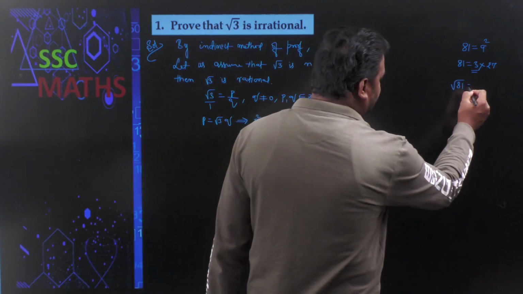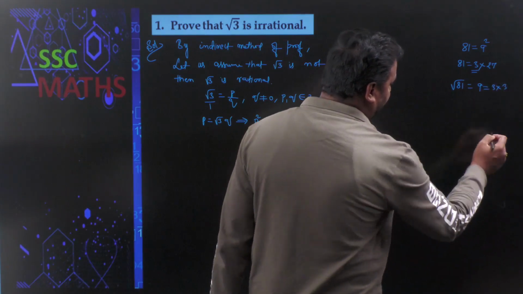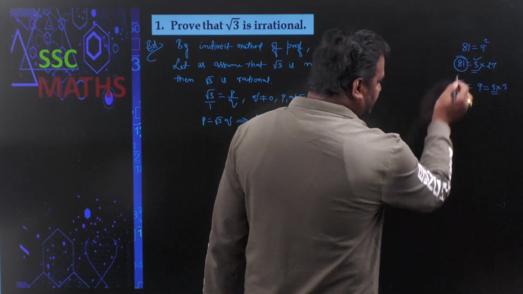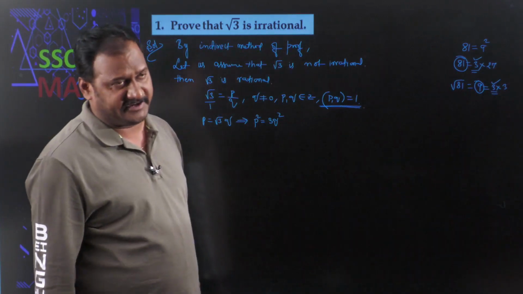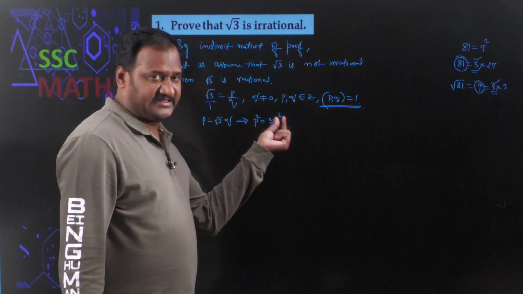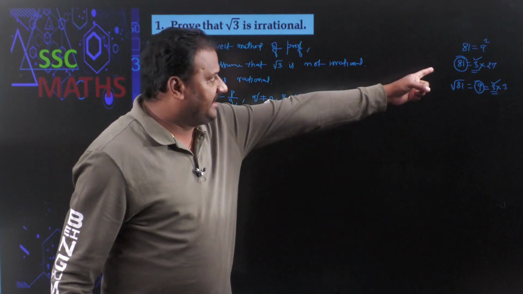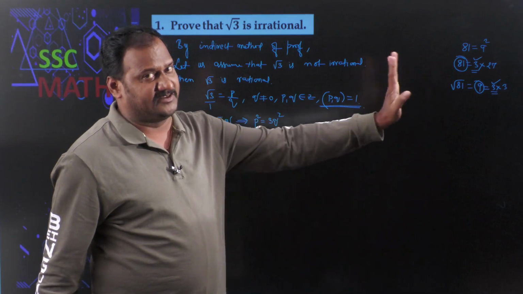Square root 81 is equal to 9, which can also be written as 3 into something, right? So if 81 is a multiple of 3, then square root 81 is also a multiple of 3. Got my point? See here, p square is a square number which is a multiple of 3. If p square is a multiple of 3, then what about p? 81 is a multiple of 3, then square root 81, which is 9, is also a multiple of 3.